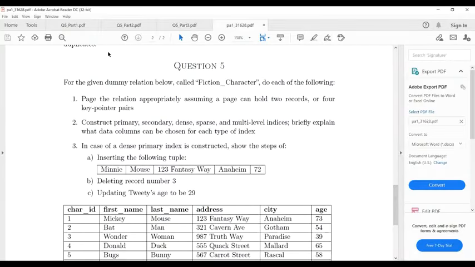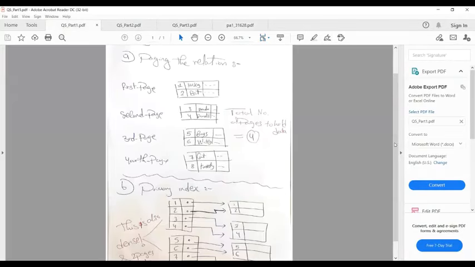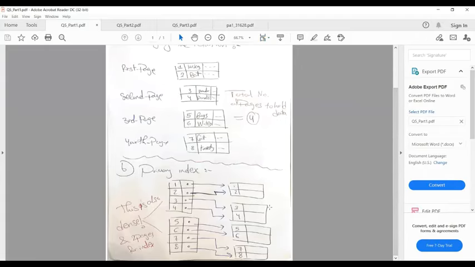Perfect. Okay, now going back to the solution, it's very straightforward. These are our pages that we constructed in the first part, and this here is our index. Our index, the primary index, consists of 2 pages. Why does this index consist of 4 records per page?